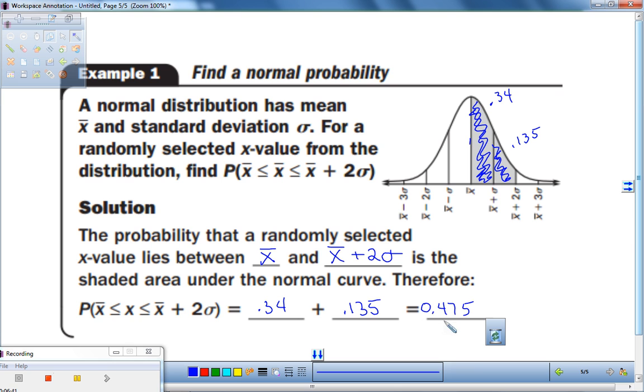So that's the probability that if we picked out an x, it's going to be somewhere between the mean and 2 standard deviations away.